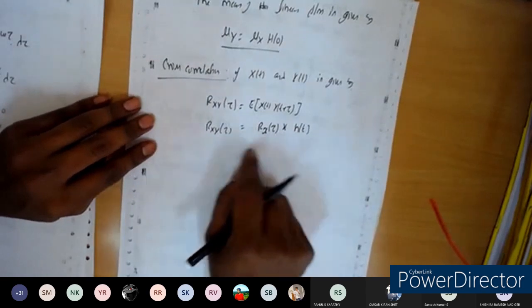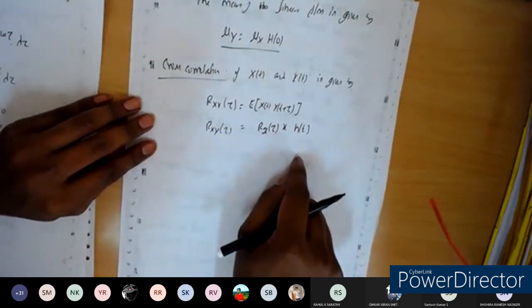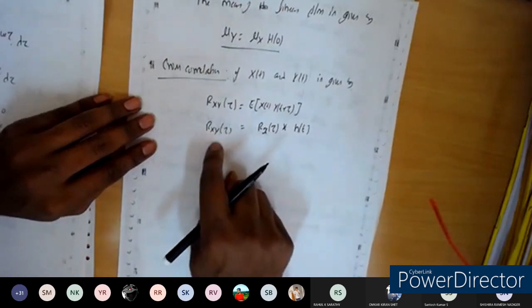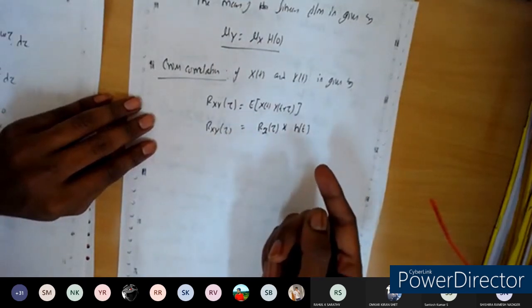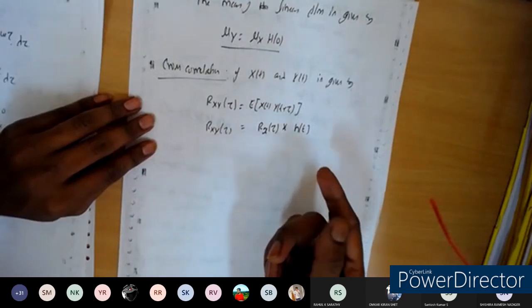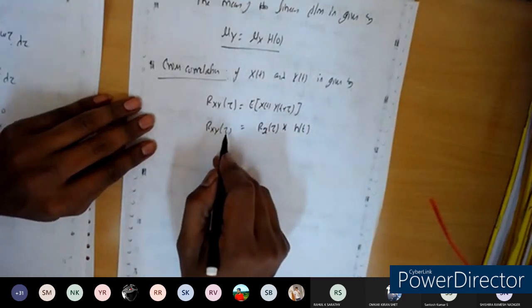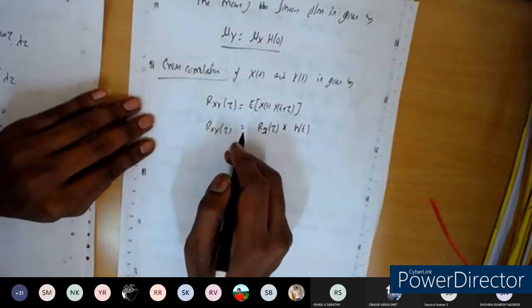Similarly, we are going to find out the cross spectral density. If you take the Fourier transform of the autocorrelation function, you get the power spectral density. Similarly, if you take the Fourier transform of the cross correlation, you call that the cross spectral density.